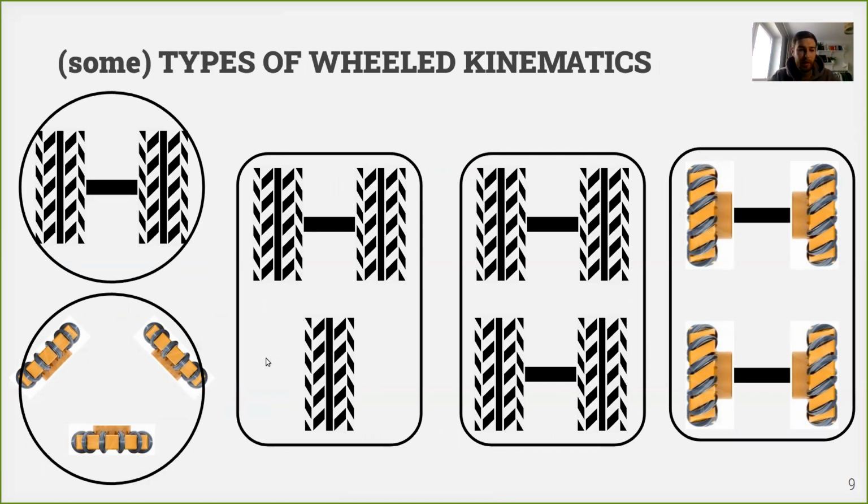There are also more sophisticated types of kinematics, and these orange wheels are called omnidirectional wheels or mecanum wheels. They allow robot to move in different directions and to immediately change the direction of our velocity. We'll discuss it further on.